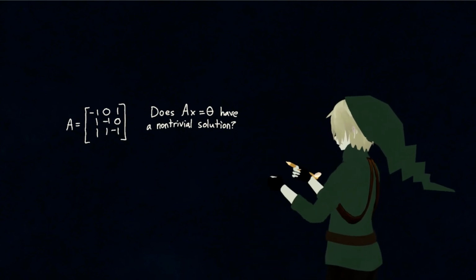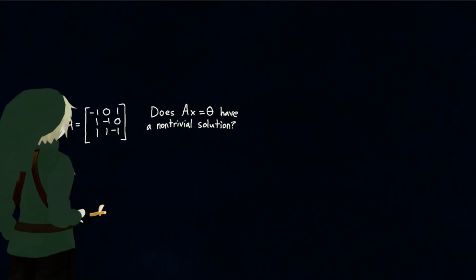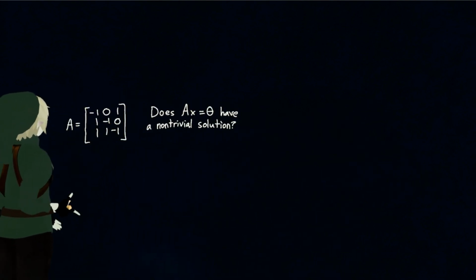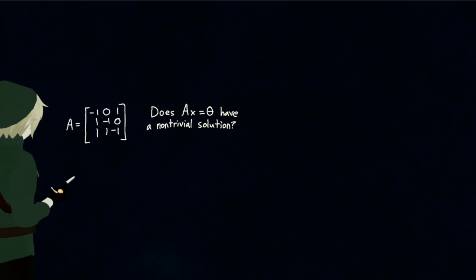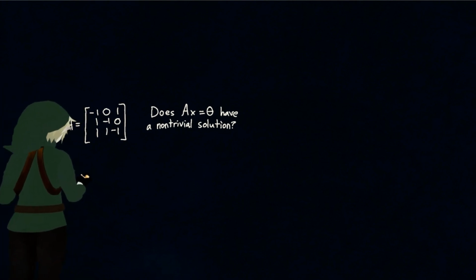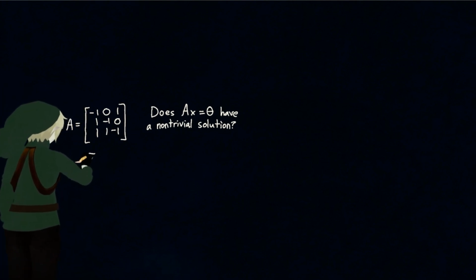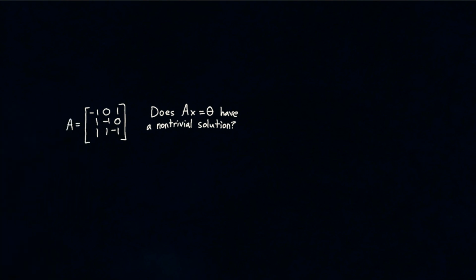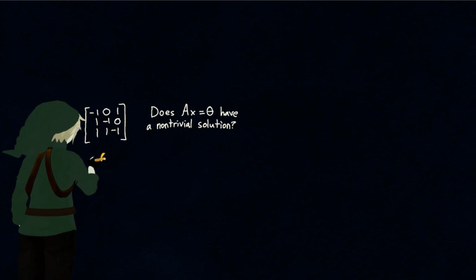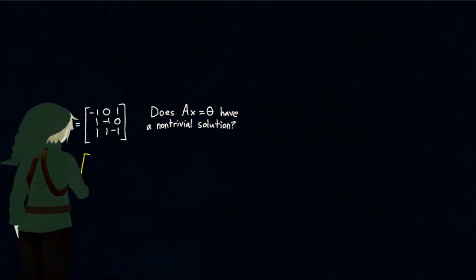So the way we solve this is we put it in a homogeneous system, meaning that our augmented matrix will look like this. Let me write this in yellow so that we don't get confused with the same matrix.